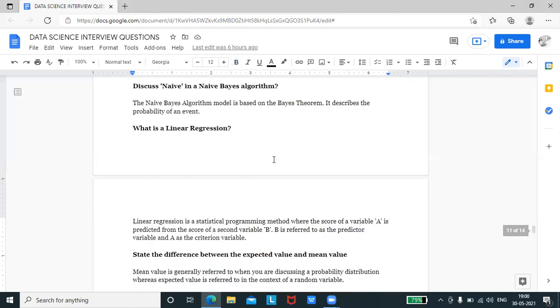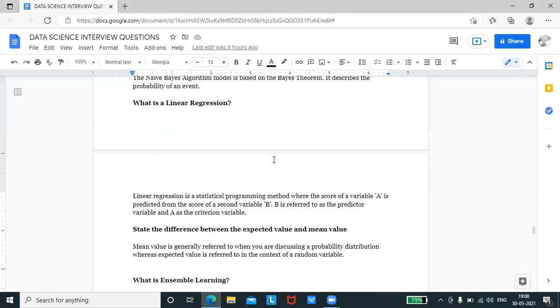The next question, difference between expected value and the mean value. So what is the expected value and the mean value? Expectation is the average value or mean of a random variable, not a probability distribution.